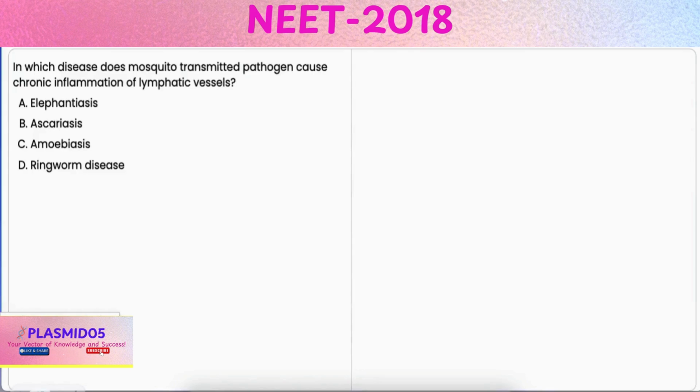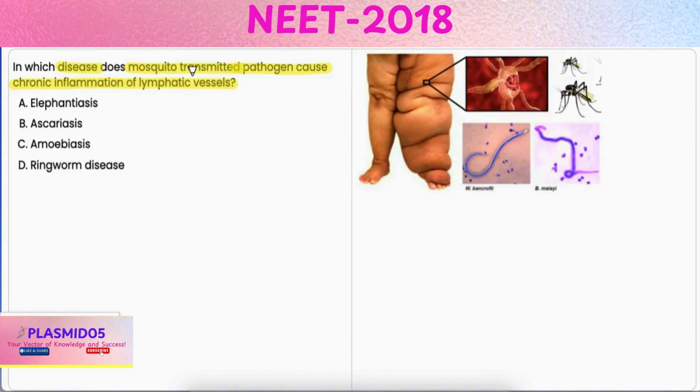In this question, you have to identify the disease that is transmitted by mosquito and the pathogen causes chronic inflammation of the lymphatic vessels. Option A, elephantiasis. Now, elephantiasis, also known as filariasis, is caused by the parasitic nematode such as Wuchereria bancrofti, which are transmitted usually by female Culex mosquitoes.